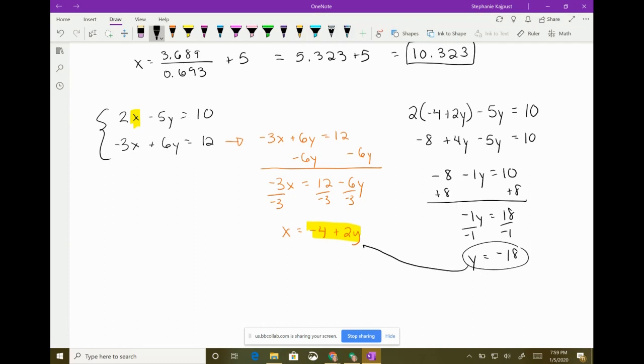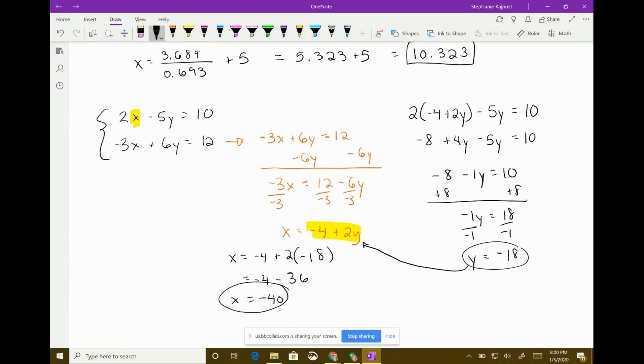So now I need to replace that into my expression with x so I can find out what x is. So x is equal to negative 4 plus 2 times y, which is negative 18. So that's negative 4 minus 36, which will give us negative 40.